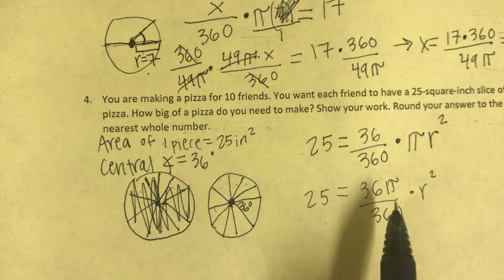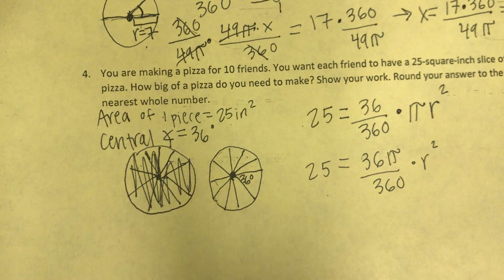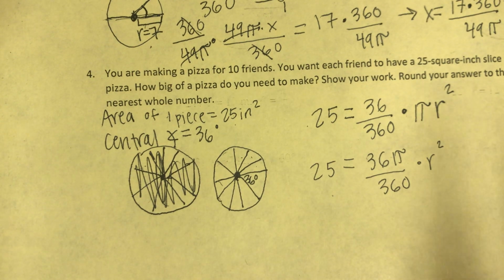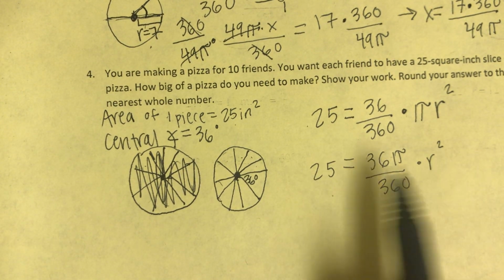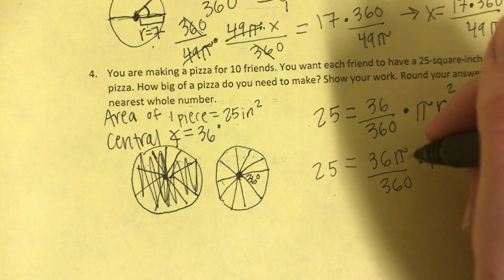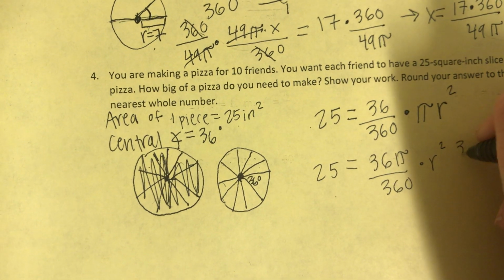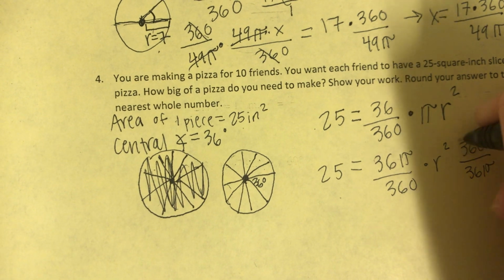Now, I want to get my r squared by itself. Hopefully you remember from number 3 that when you have a fraction, you can multiply by the reciprocal on both sides to get this left over by itself. So the reciprocal of 36 pi over 360 is 360 over 36 pi.